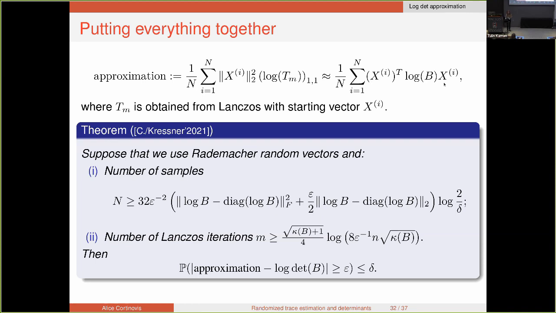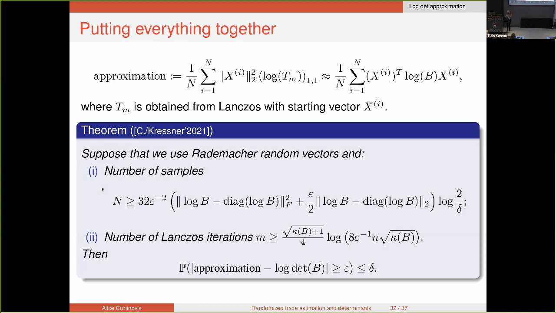But still, we cannot do that. So what we actually compute is this approximation here, in which for approximating each quadratic form, we compute the tridiagonal matrix Tm, its logarithm, the entry in position 1, 1, and then we multiply by the squared norm of the vector xi, and we average.